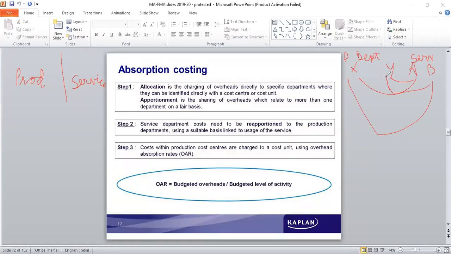Then it becomes possible for us to calculate the cost per unit. So for charging all the costs of service departments to production departments, we calculate the overhead absorption rate. Overhead absorption rate is equal to budgeted overheads divided by budgeted level of activity.